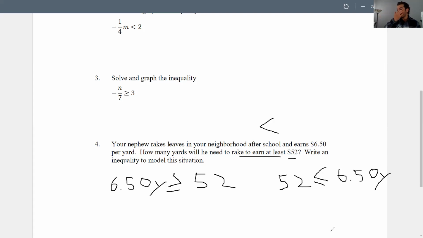Now you can solve this and figure out how many yards he needs to rake. 52 divided by 6.50 is 8. So he needs to rake 8 yards of leaves, which kind of doesn't make sense to me, but whatever. I feel like it should be square yards, but that's okay.